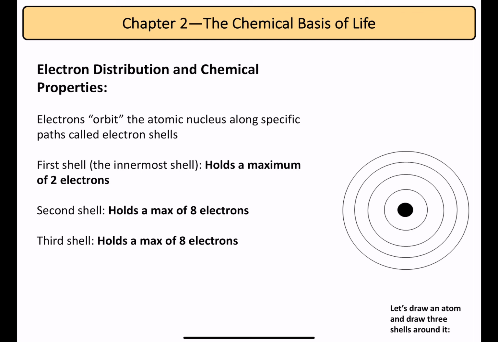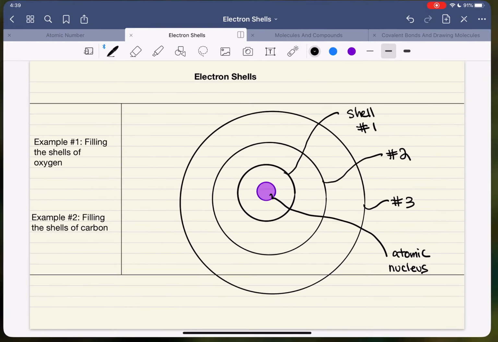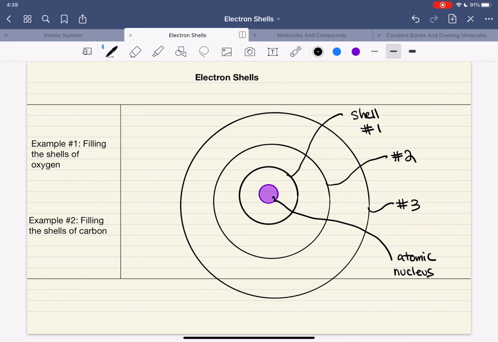Next, these shells each hold a certain amount of electrons. So going back to this drawing, shell number 1 holds up to 2 electrons.